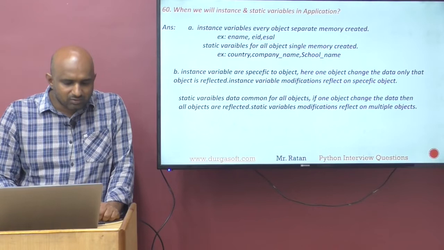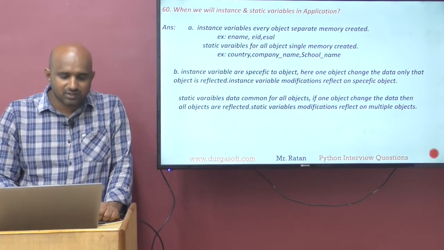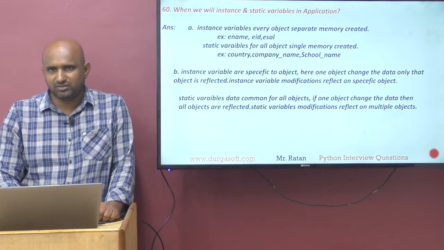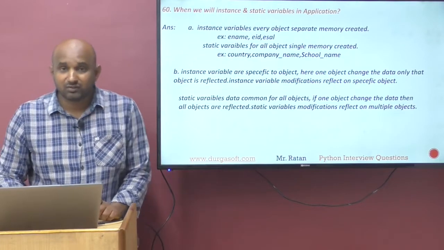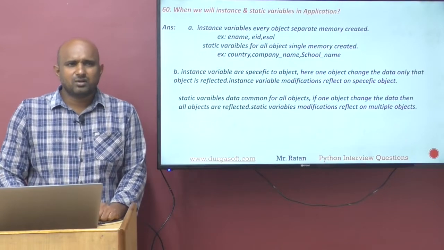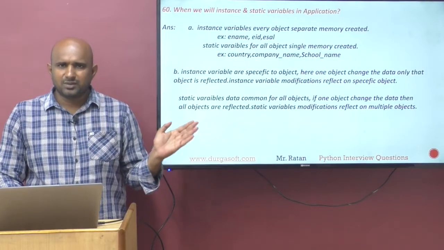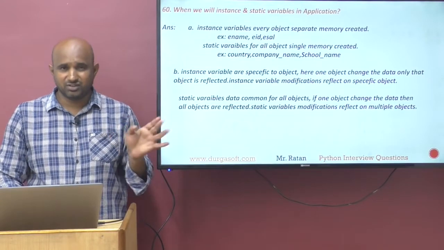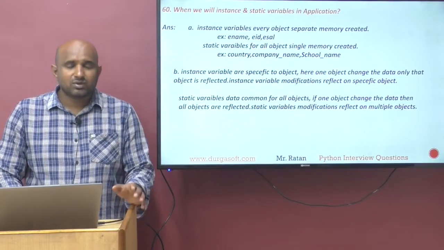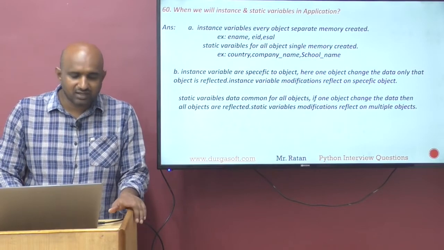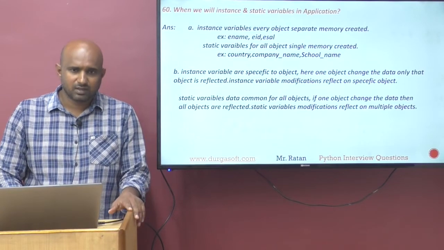So instance variable modifications reflect on a specific object. Static variable modifications reflect on multiple objects. These two points are very important. You got the clarity, right? Instance variables, every object separate memory created: employee IDs, names, salaries are separate. Static variable means a single copy is created for all objects: country, school name, company name.